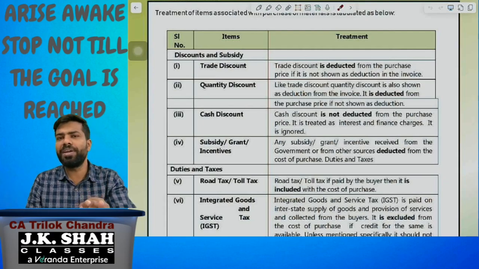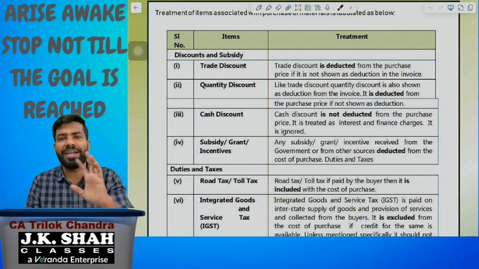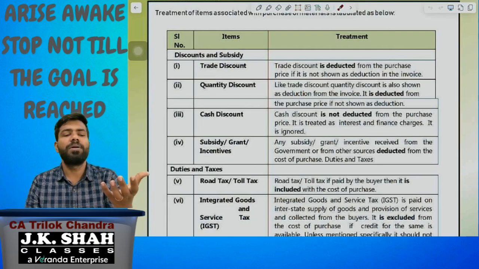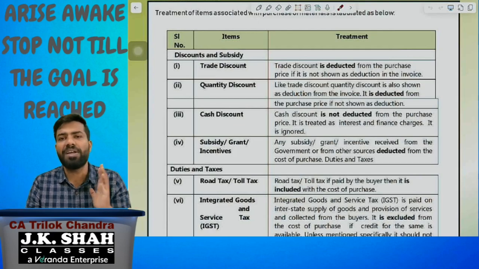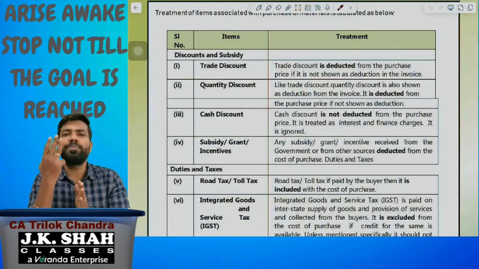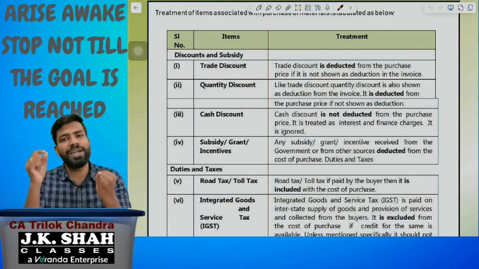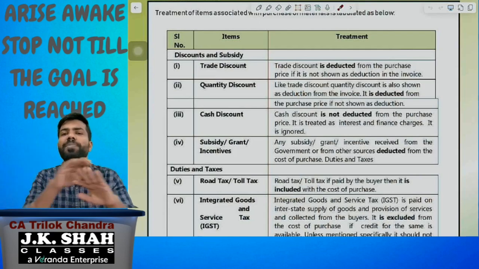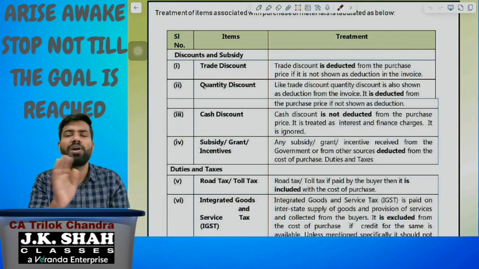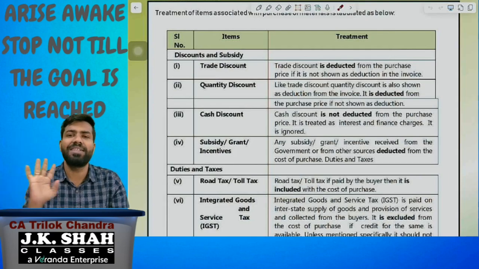Cash discount is given for getting prompt payment from the debtors, that is, payment within a shorter duration.